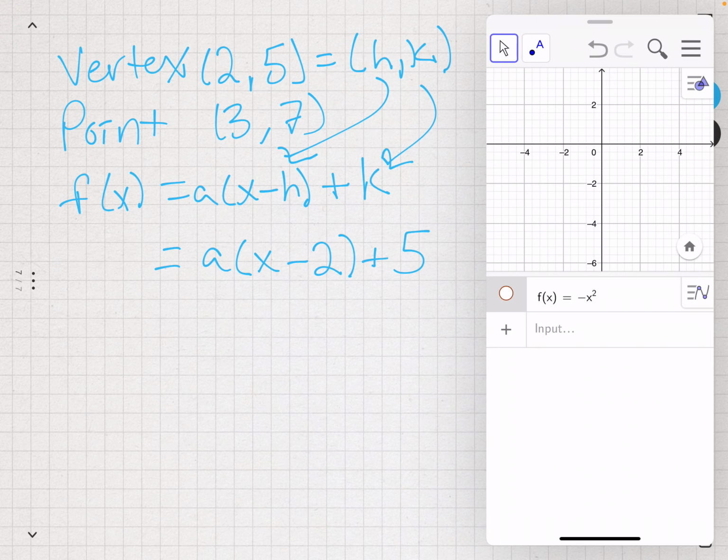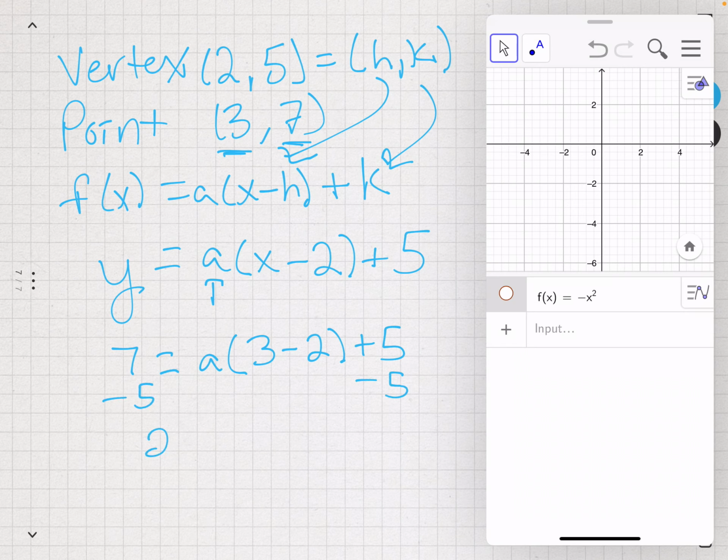And now we don't know what a is, right? A is our unknown. But we know that when x is 3, y is 7. So let me write this as y equals a times (x minus 2) plus 5. Well, if I substitute 7 for y and 3 for x, 7 equals a times (3 minus 2) plus 5. If I subtract that 5 over, I get 2 equals a times (3 minus 2). 3 minus 2 is 1.